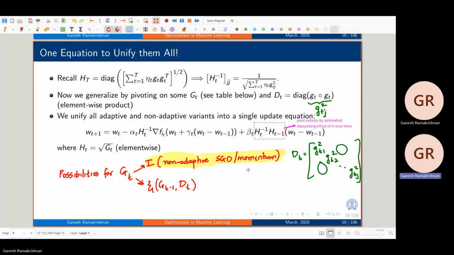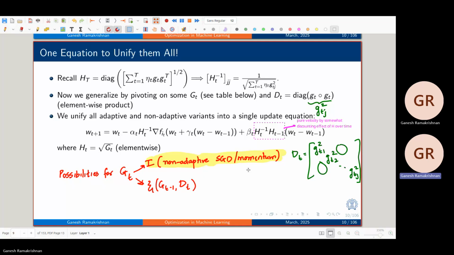Now we'll look at Adagrad, RMSProp and Adam. We are not looking at Adadelta, etc., but you will get an idea of all of those also.